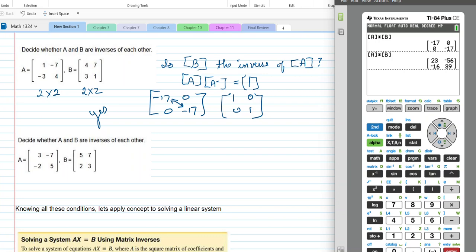Uh-oh. Is it? No, it is not. It did not come out the same. So let me double check that I entered it correctly in case I made a mistake there. Let me do the matrix. I'm going to verify. I know this one's right: 3, negative 2, negative 7, and 5. That one's good.